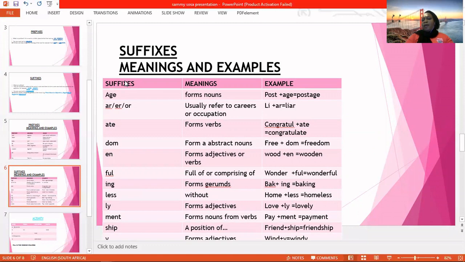Home plus less will be homeless, without a home. Ly forms adjectives. Love plus ly will give us lovely.